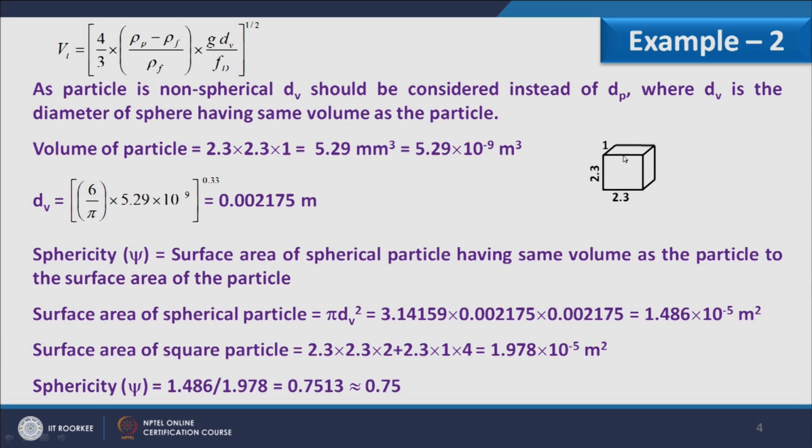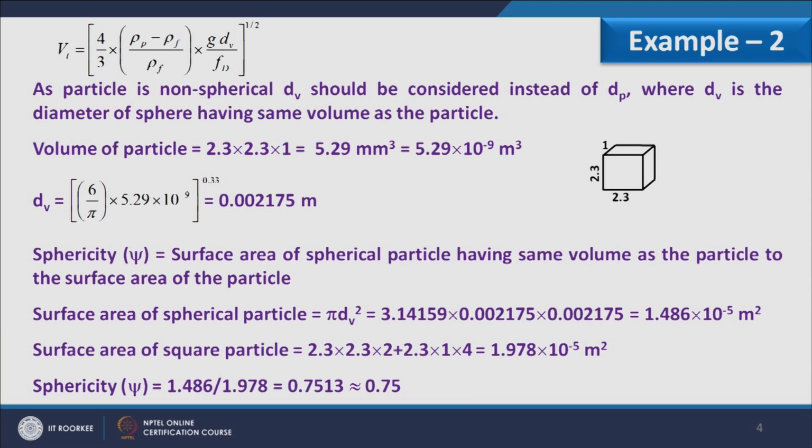Further, 2.3 into 1 into 4, because 4 faces are available of this size, where the area is 2.3 into 1. So, 2.3 into 2.3 into 2 plus 2.3 into 1 into 4. The total surface area of the square particle is 1.978 into 10 raised to the power minus 5 meter square.